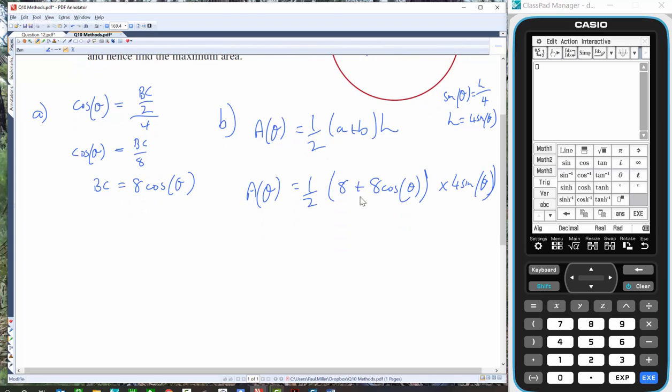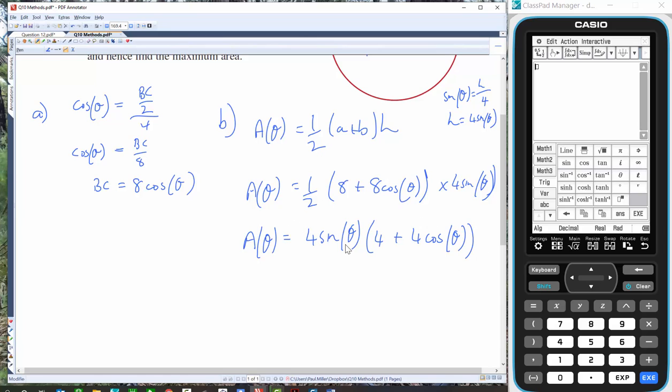All right, so let's see if we can tidy this up a little bit. A of theta equals, so I might just throw the half in there, and I'm going to put 4 sine theta out the front, and I'm going to halve these, which is going to be 4 plus 4 cosine theta.